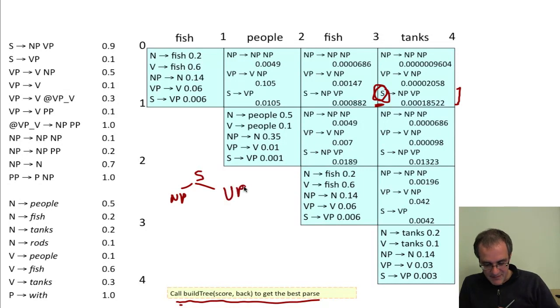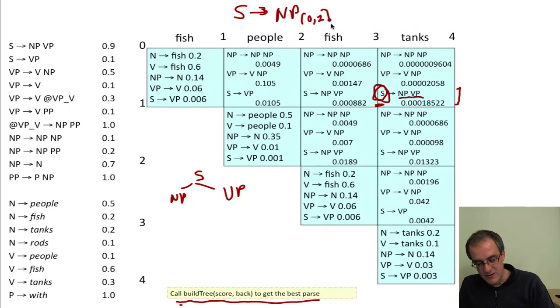And at this point, I have to confess that I actually left a little bit out of what's written in the table just to keep things written larger. Rather than simply writing the rule that you used, you'll actually record which cells you built it from, so that these are actually constituents over spans. So this is actually a noun phrase that was built over 0 to 2, followed by a verb phrase that was built over 2 to 4.